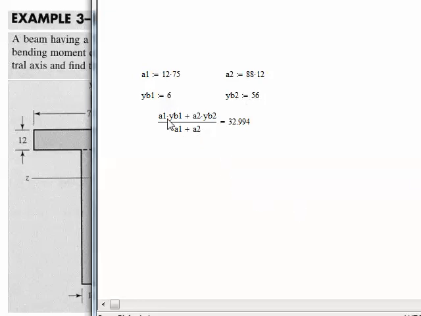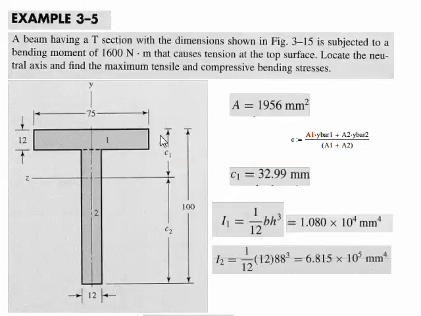If I go with A1 times y bar 1 plus A2 times y bar 2, divided by A1 plus A2, we get 32.99, which is the location of the overall centroid measured from the top, the same place I measured these two centroids. So 32.99 is shown as the answer, although it wasn't computed in the book.